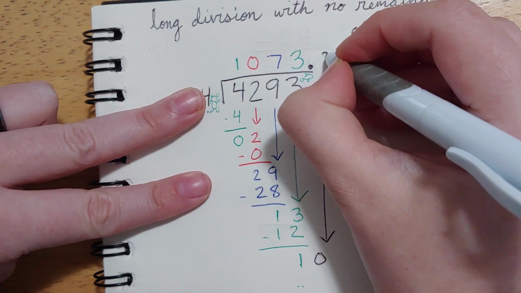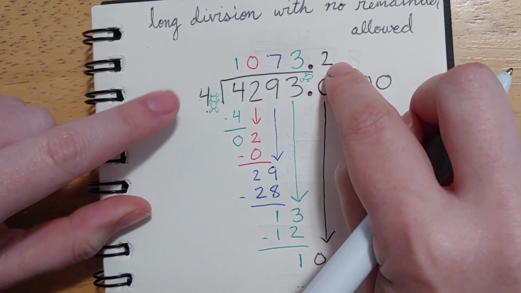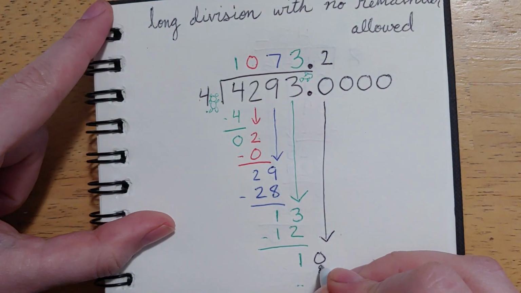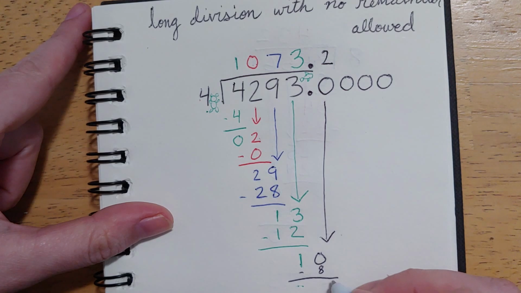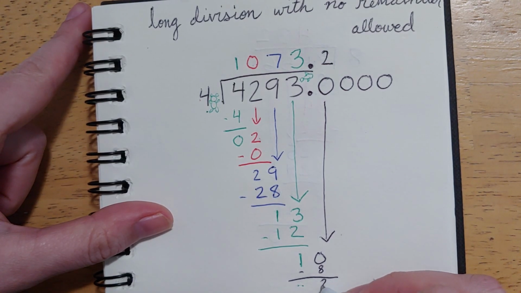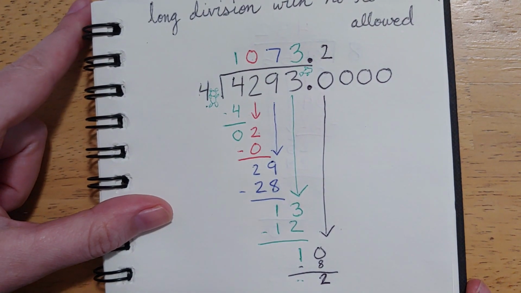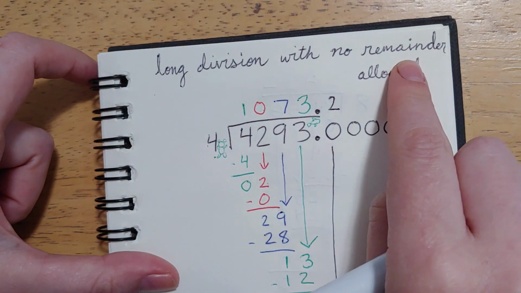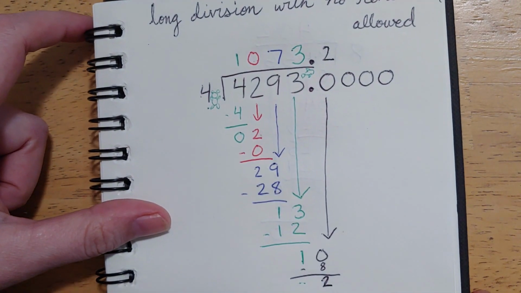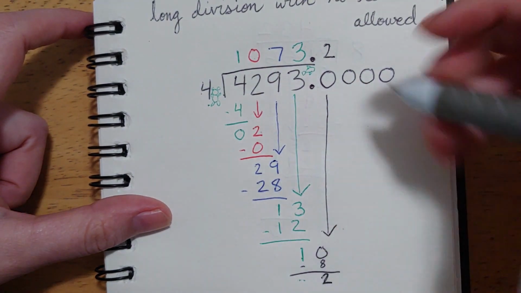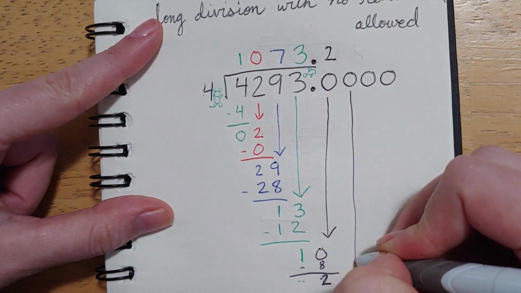It's going to end up weird. Each got 2. 2 times 4 is 8. That's what we used up. 10 minus 8 is 2. We still would have a remainder, so we can't stop. We must not stop, because no remainders are allowed. All right, we bring down another 0. We bring down our thousandths category.